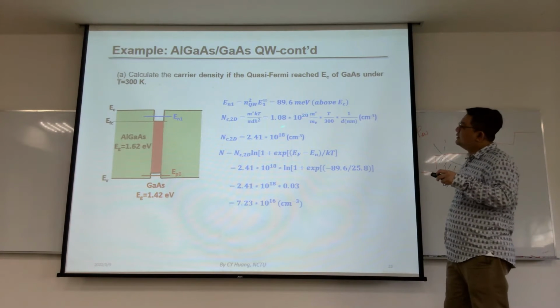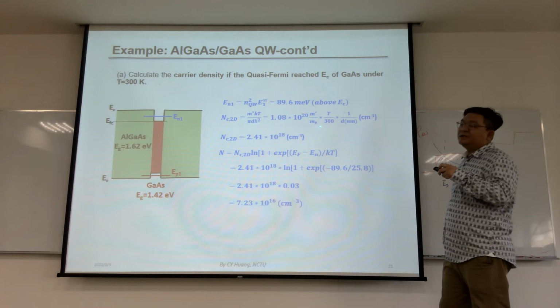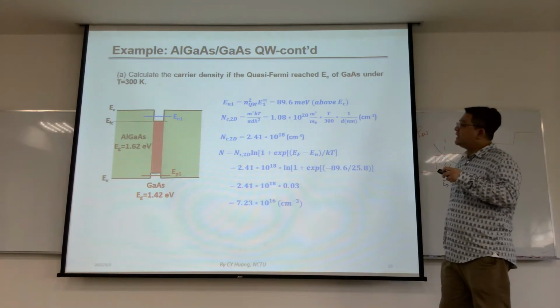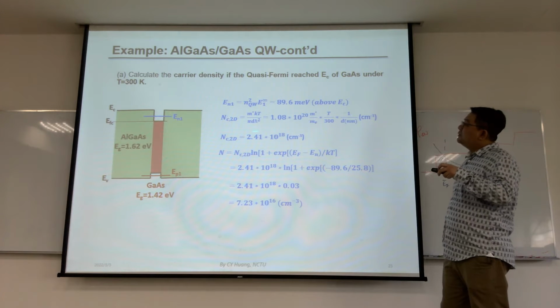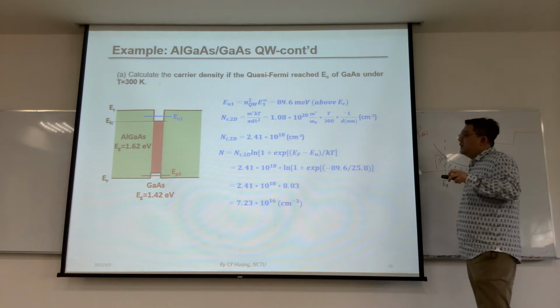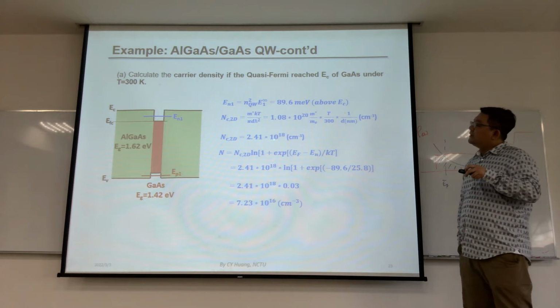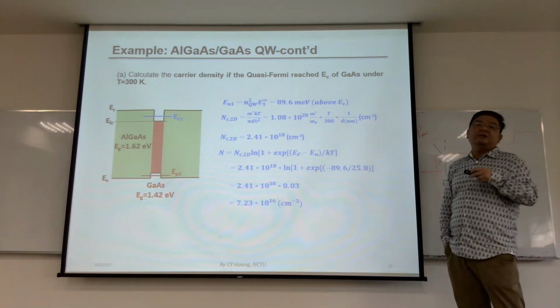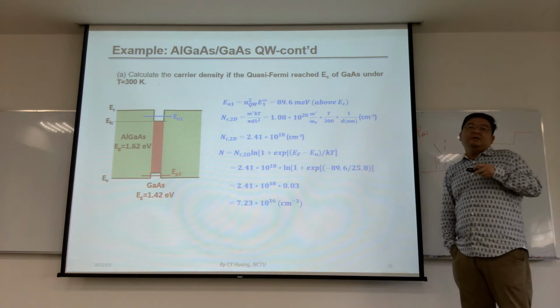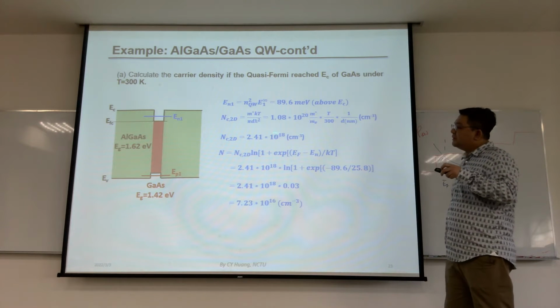Alright. So NC2D is the same. We just put the m star over m0 to be 0.067 and the d to be 3 nanometers. We get the NC2D is 2.41 times 10^18 per cubic centimeter.